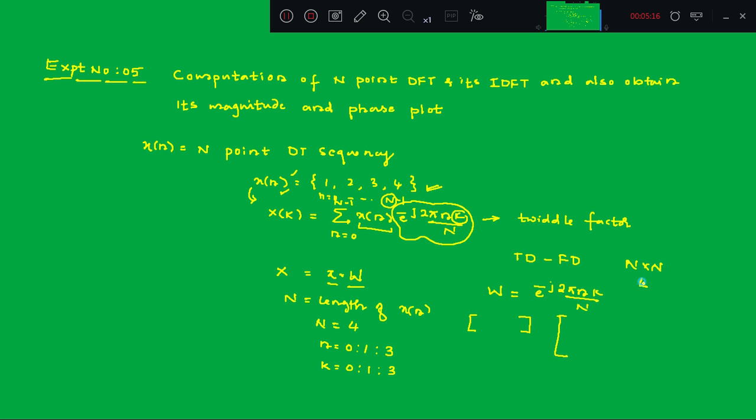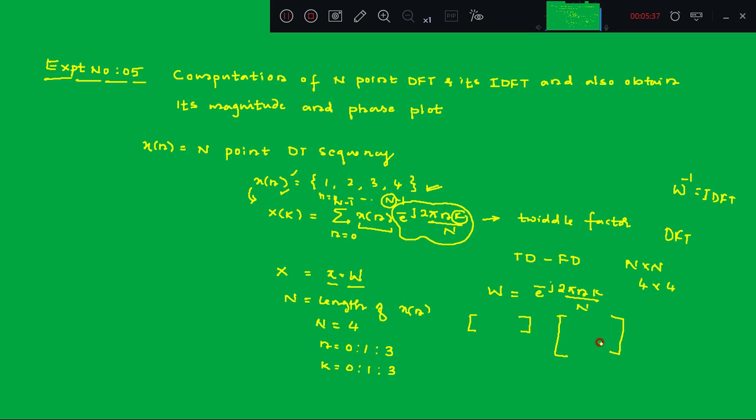So N is equal to 4, so you will get a 4 cross 4 Twiddle matrix, right? It is also known as the DFT matrix. W is also known as a DFT matrix, and if you take the inverse, that is W raised to minus 1, this is known as the IDFT matrix, right? So this is 4 cross 4.